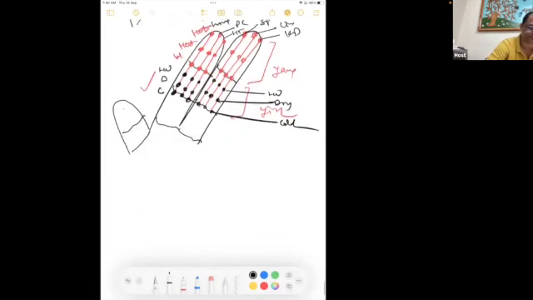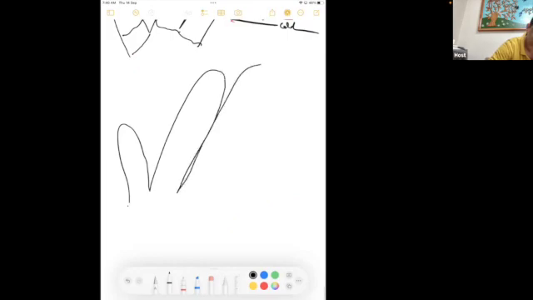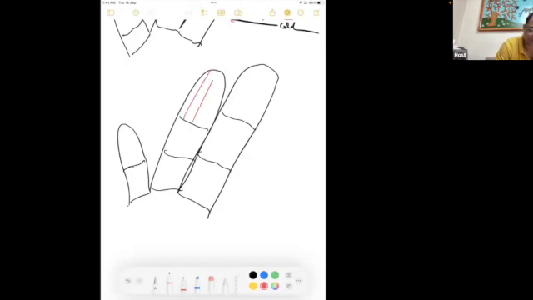Let's see. So now we are taking 3 meridians here, only in the upper phalanges.